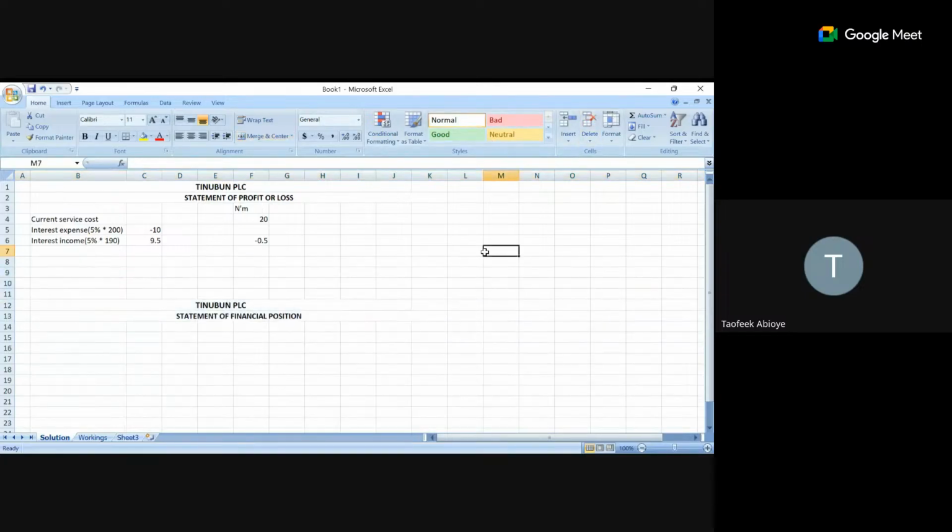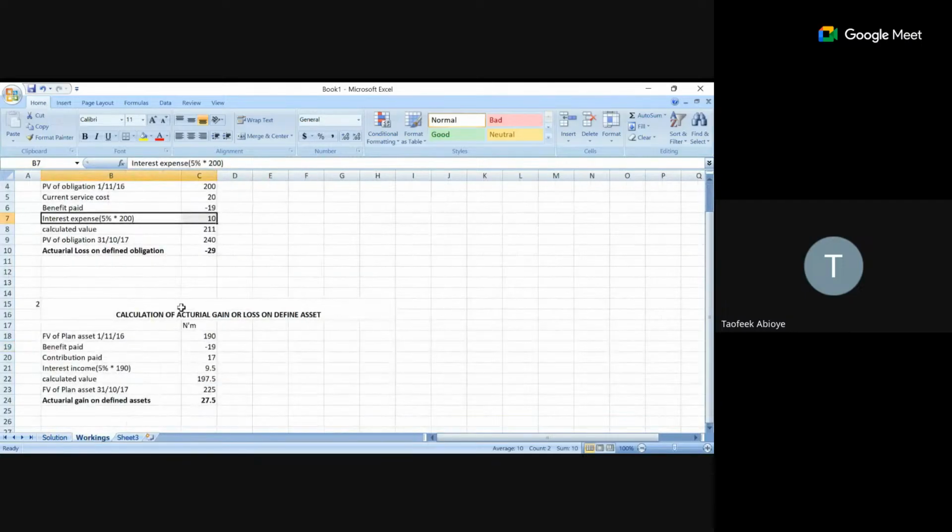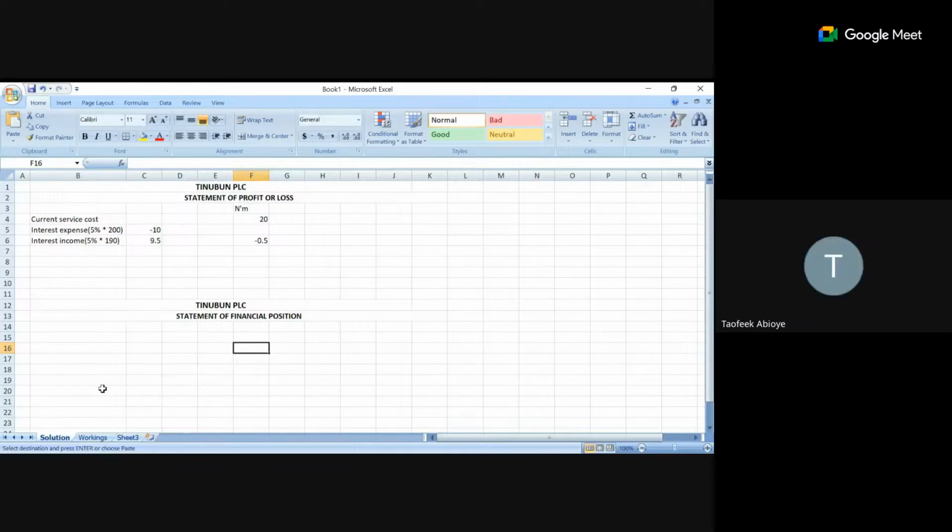Now in our statement of financial position, what are we going to report? We are going to report the present value of obligation at the end, so we are going to report this 240.